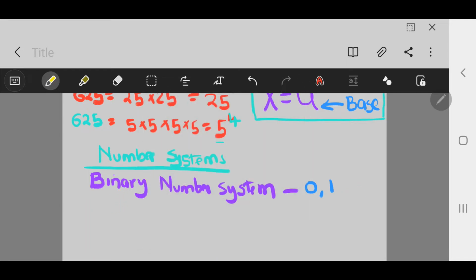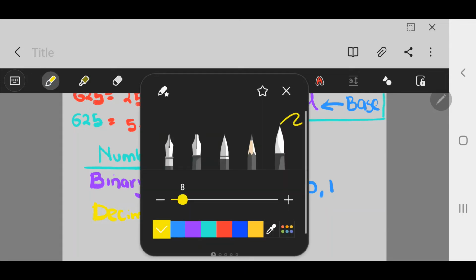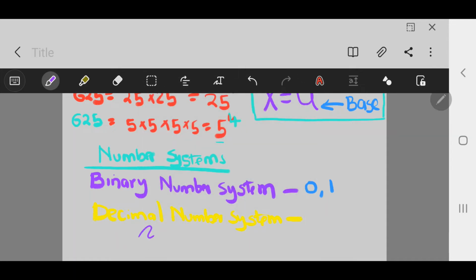This is called the decimal number system. Here we use digits 0, 1, 2, 3, 4, 5, 6, 7, 8, and 9.